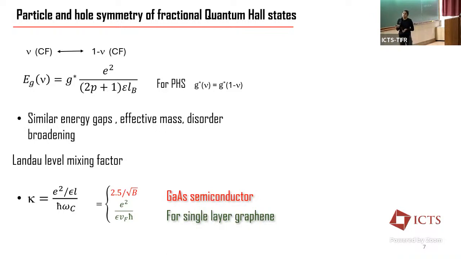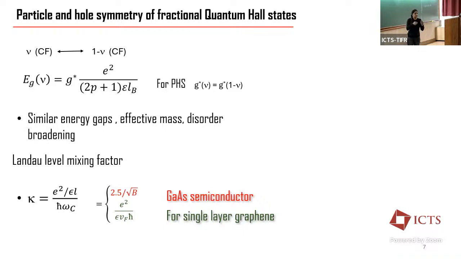But in the case of single layer graphene, it has no dependence on B, but rather it has a dependence on the Fermi velocity and the dielectric constant of the system. Fermi velocity we cannot change since single layer graphene has a constant Fermi velocity. But the dielectric constant we can change by changing the substrate on which we are putting the single layer graphene.